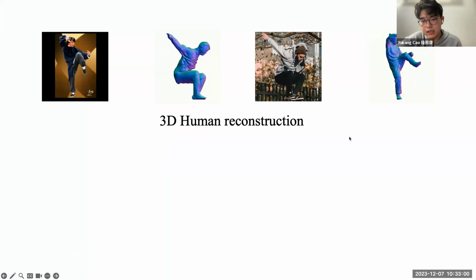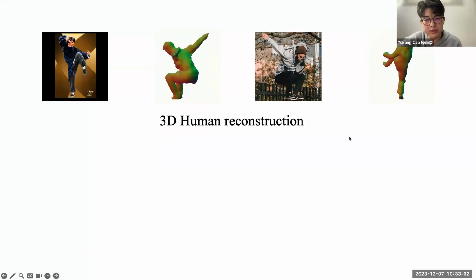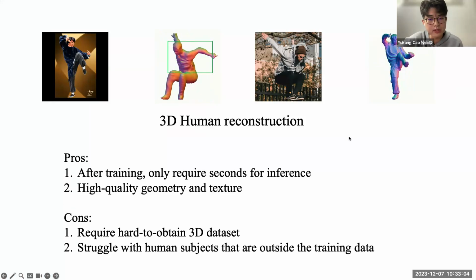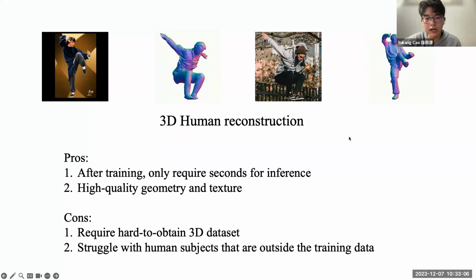Up till now, we have discussed the topic of 3D human reconstruction. Normally, 3D human reconstruction requires hard-to-obtain 3D datasets and struggles with human subjects that are outside the training data, but this will highly constrain the real application in movies or gaming.